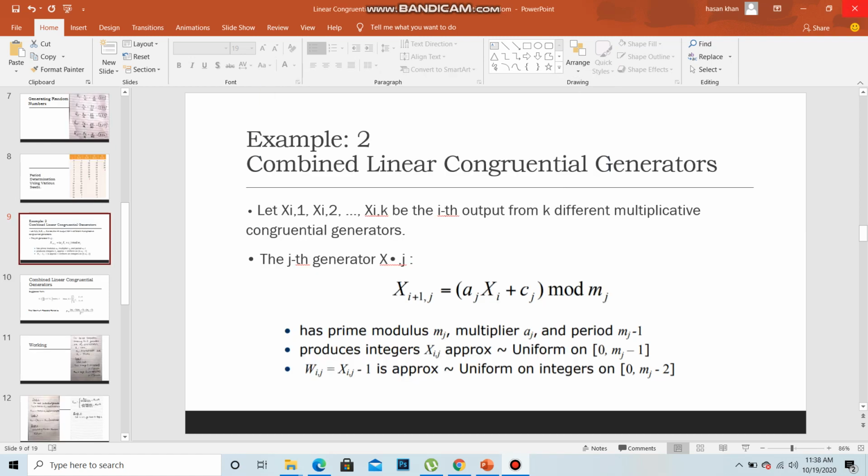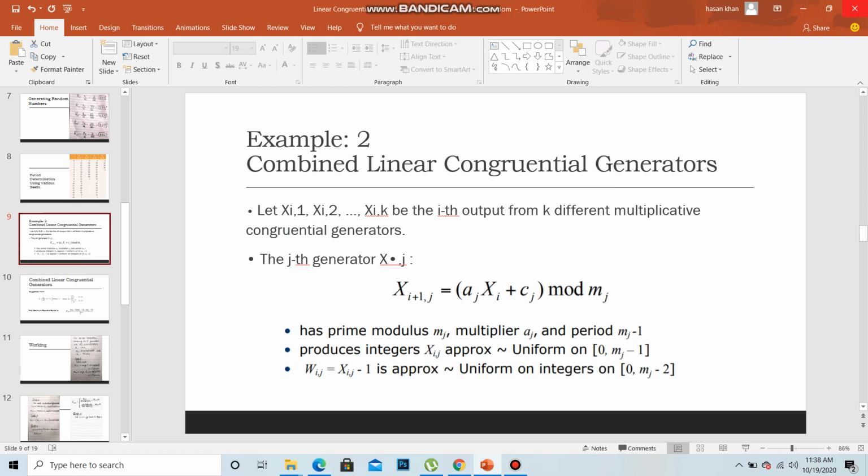So the reason for using this combined linear congruential method is when we needed the longer period generations. Because of the increasing complexity of simulating systems, the approach here is simple: we have to combine two or more multiplicative congruential generators.